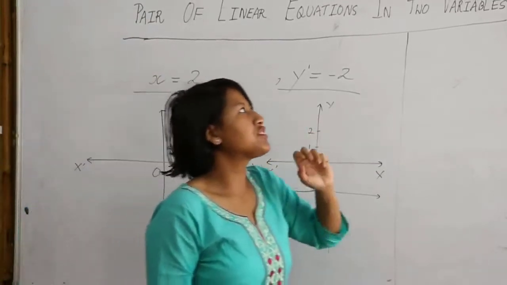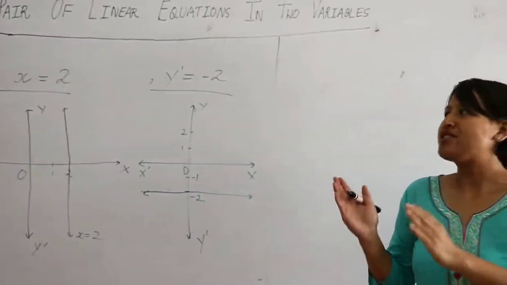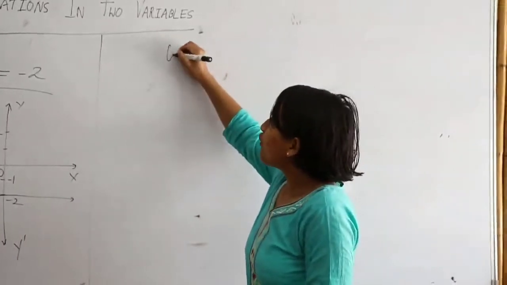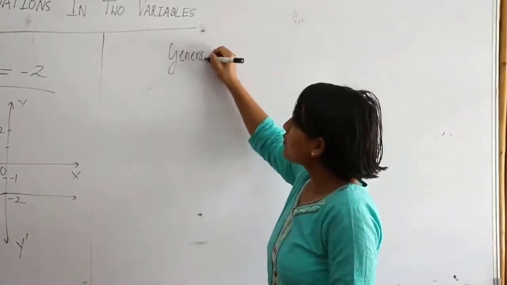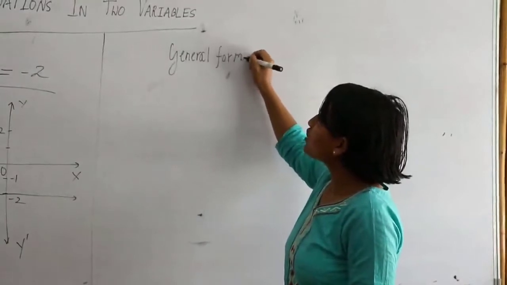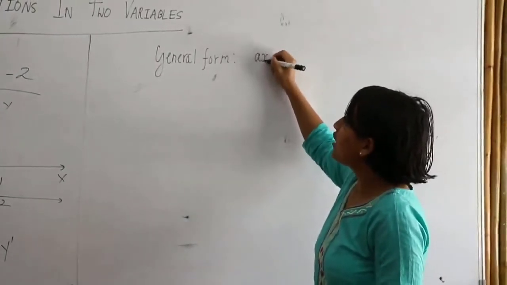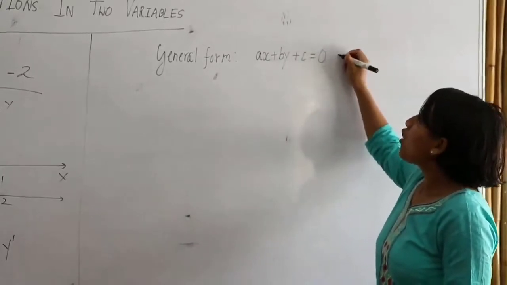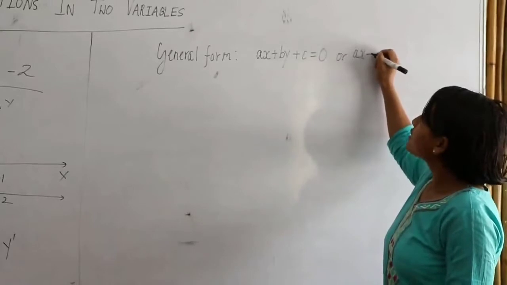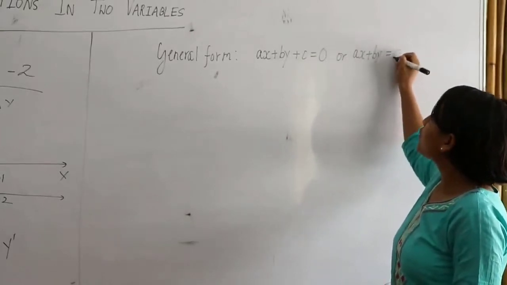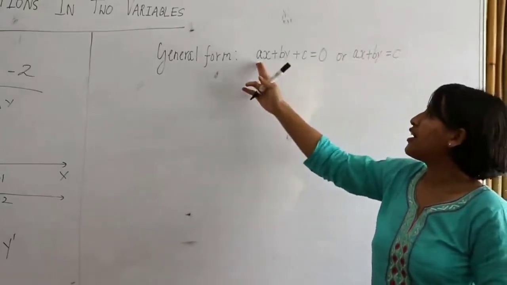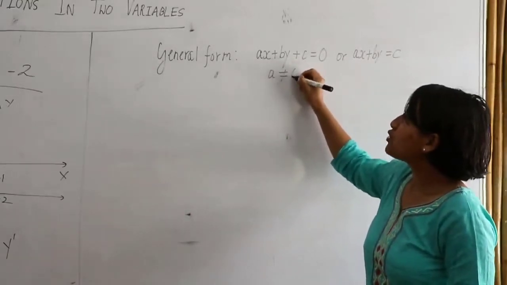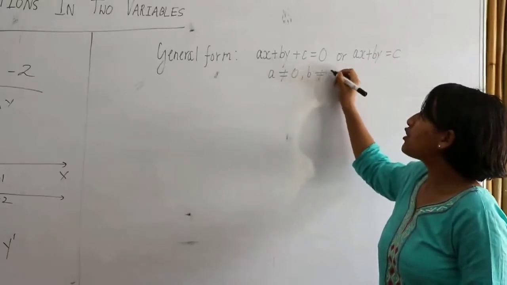Now we'll consider the case of a linear equation in two variables. The general form of a linear equation in two variables is ax plus by plus c equal to 0, or ax plus by equal to c, where a, b, c are real numbers and a should not be equal to 0 as well as b not equal to 0.